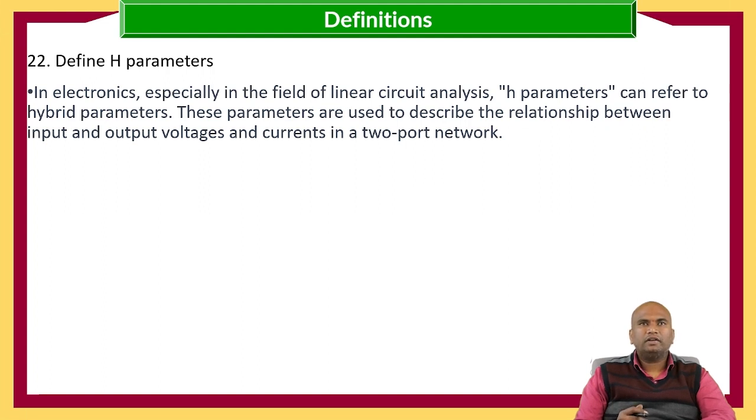So there will be different relations like voltage gain, current gain, input impedance, output impedance. All these parameters we are going to calculate with these H parameters. These parameters are used to describe the relationship between the input and output voltages and currents in a two-port network.